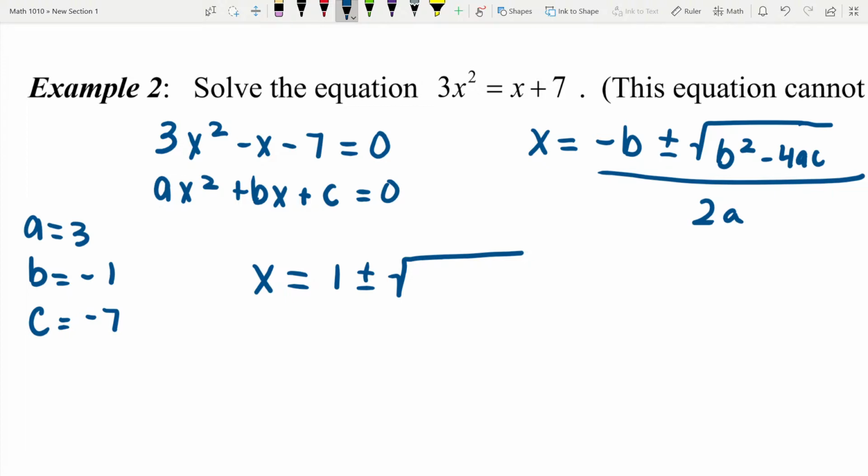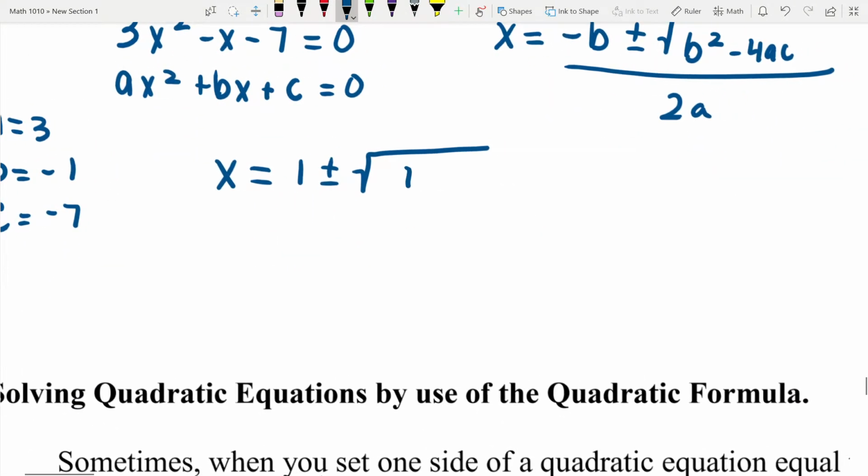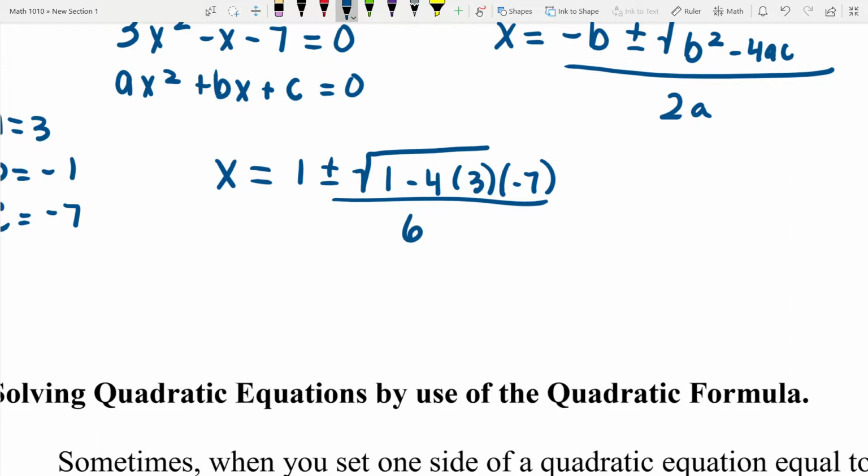So a negative 1 squared, everybody tell me what that is. 1. That's what I want you to write. So I want you to do the squaring of that number in your head because if you don't, you're going to put it in the calculator wrong and you're going to miss it. So let's just go straight to the number, okay? Minus 4 times a, which is a 3, times c, which is a negative 7, all over 2 times a, 2 times 3 is a 6.